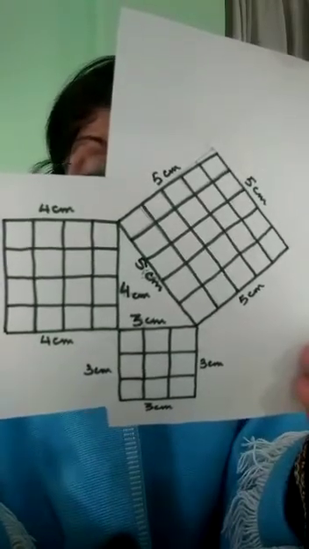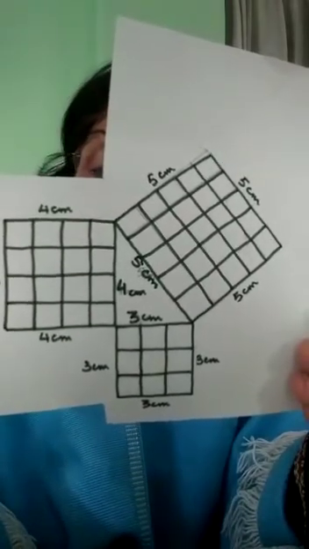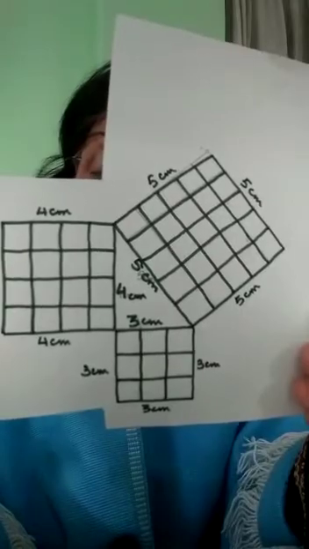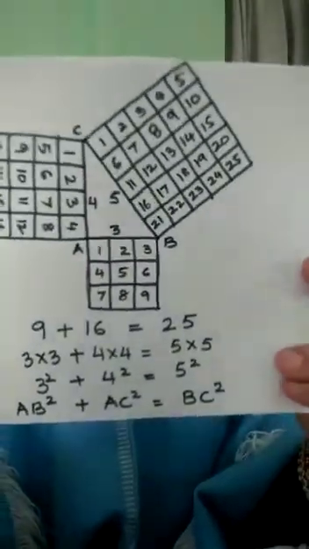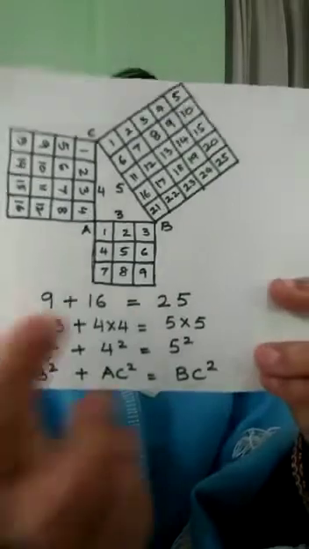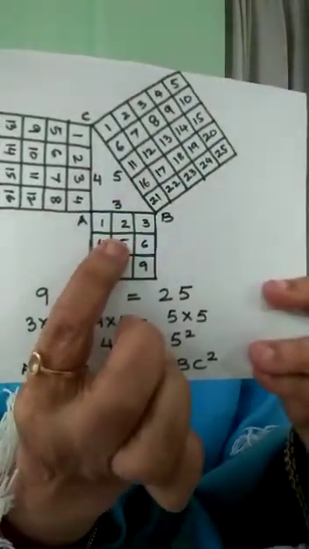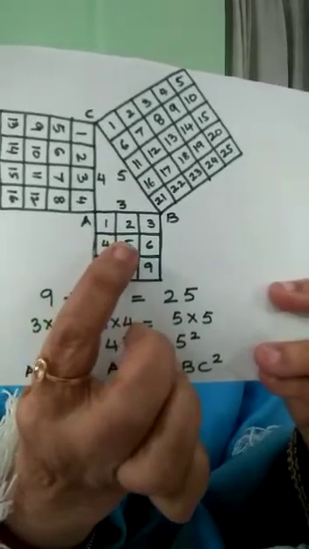So now let us count the number of squares in each of these squares that are formed. For this, we can use this figure. Now if you see this figure, can you see how many small squares are there in this side square? 9.